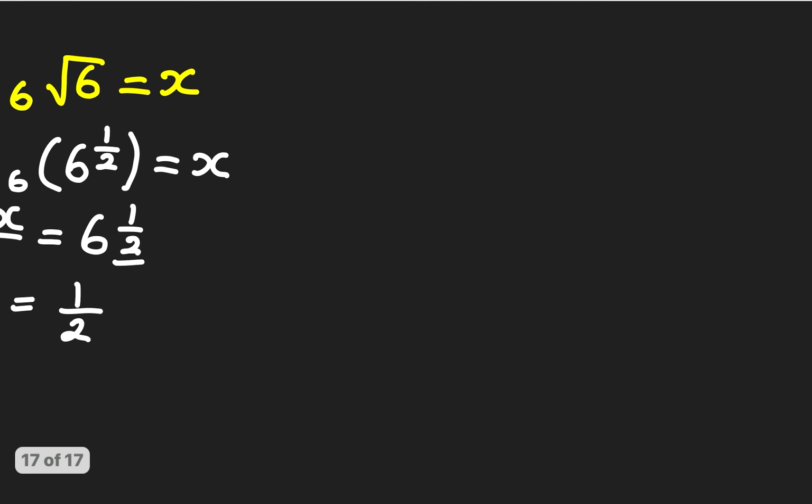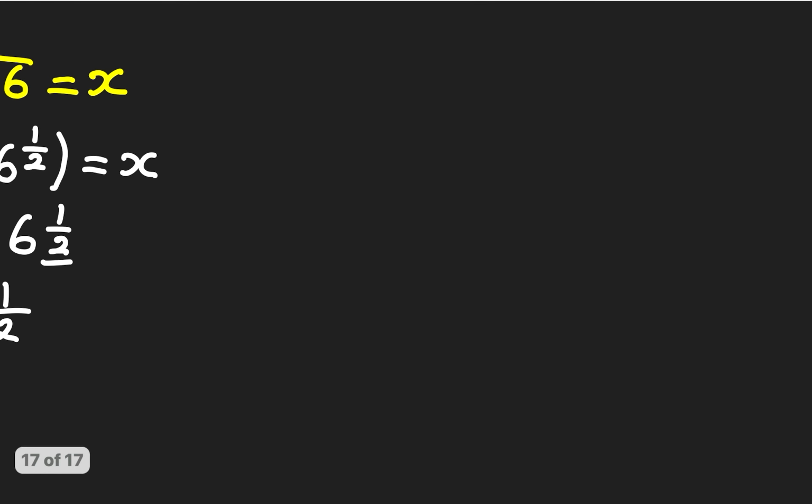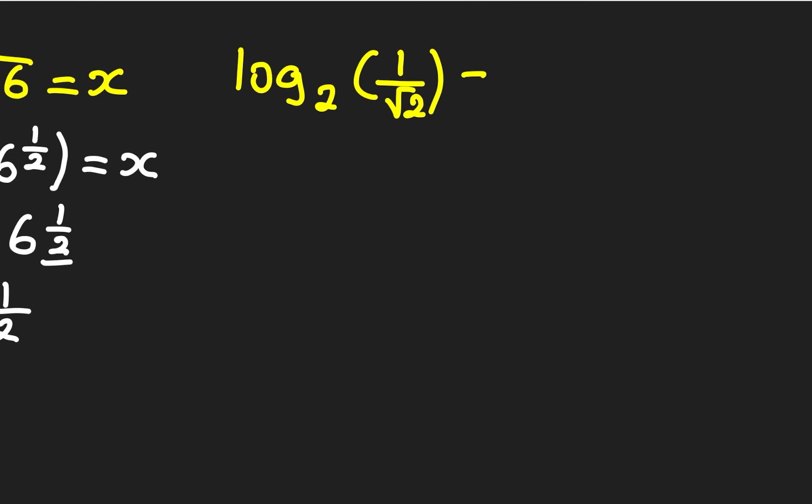Let's go a bit more to our last question. Let's incorporate surds as well. Log base 2 of 1 upon root 2 equals x. So that is 2 power x is equal to 1 upon root 2. Again, we can't just get the value of x from here.